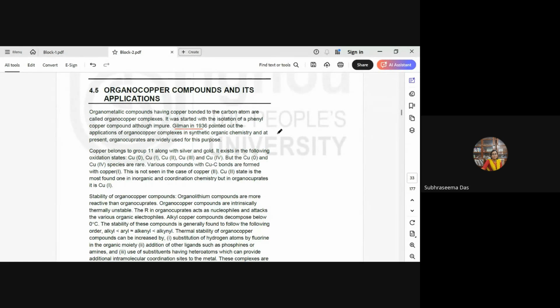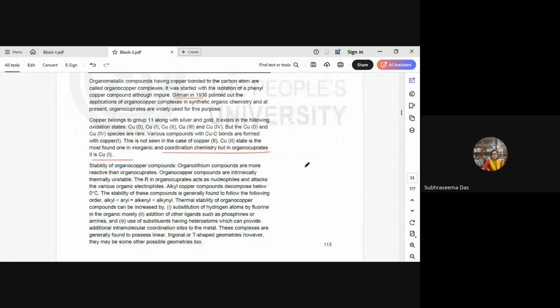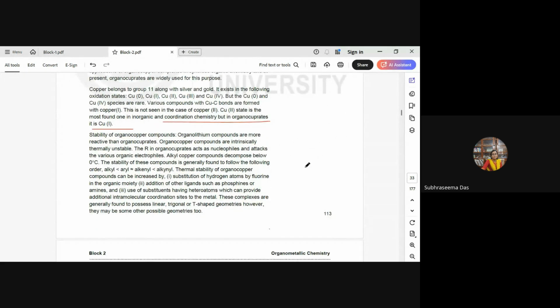The Cu 2+ state is the most common one in inorganic chemistry, but in coordination chemistry it is Cu1. The stability of organocopper compounds is like that of lithium compounds; they are more stable than organocuprates, and they are thermally unstable in nature.